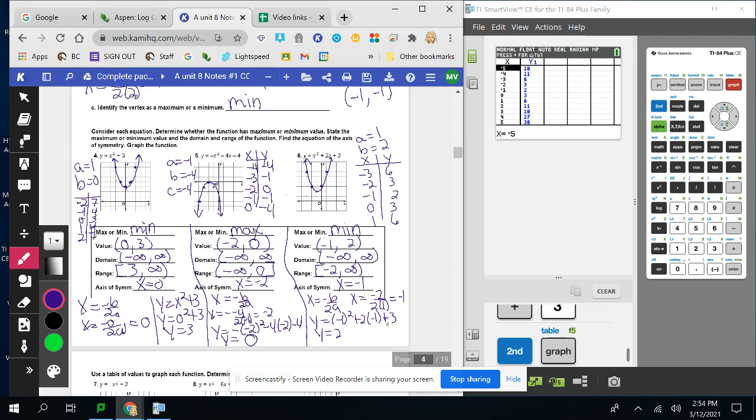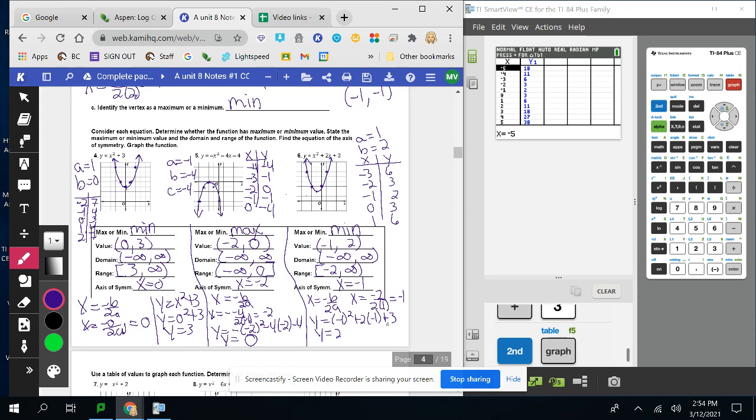So you can see that I graphed them. I made my tables. For number 4, I knew that a was 1 because that's what's in front of x squared. B is 0. So my axis of symmetry is x equals 0. My minimum value, because a is positive, is 0, 3. Has a domain of -infinity to infinity, range of 3 to infinity.